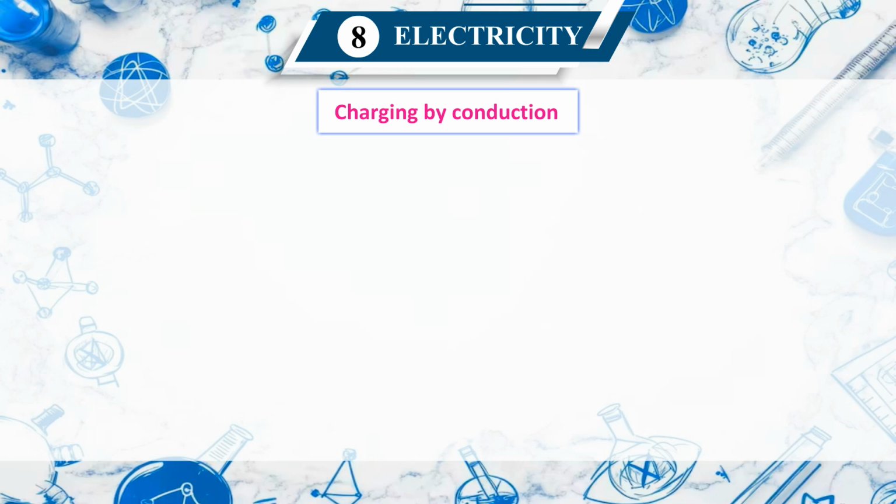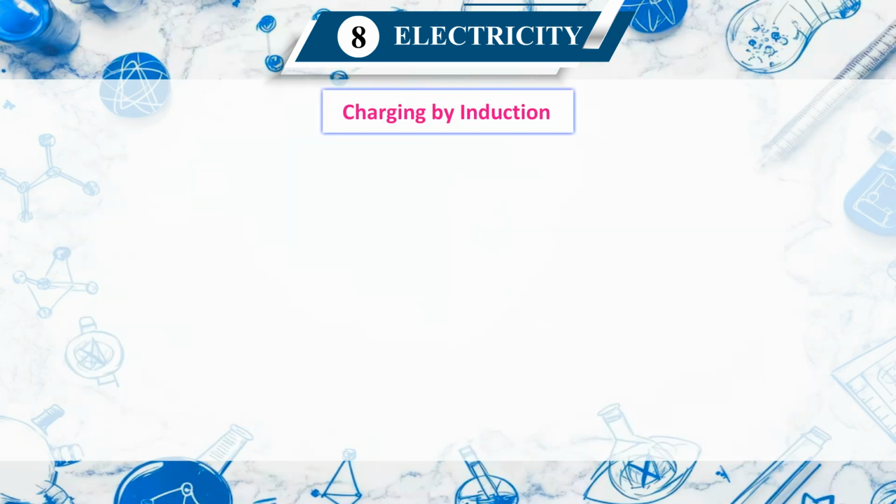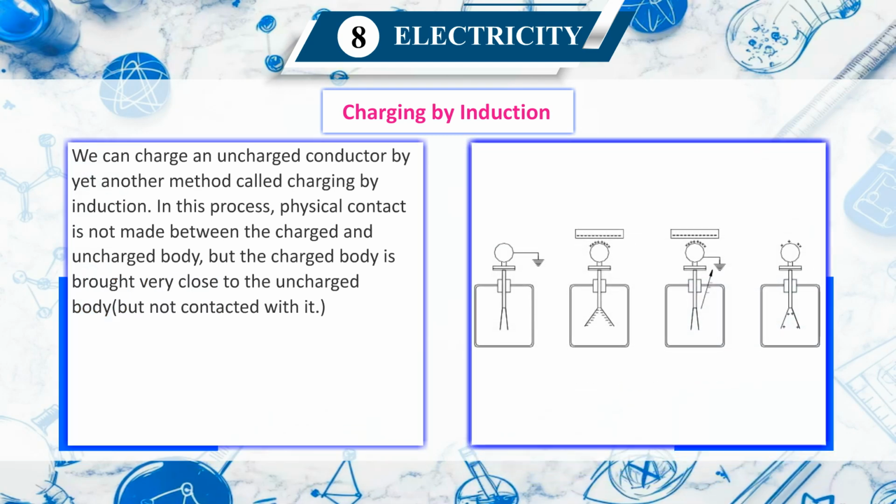Charging by conduction. An uncharged conductor can be charged by touching it with a charged conductor. This process is called charging by conduction. Charging by induction. We can charge an uncharged conductor by yet another method called charging by induction.